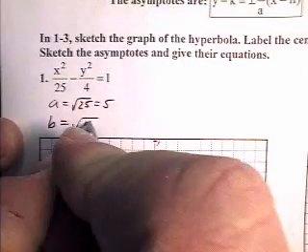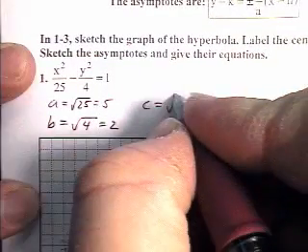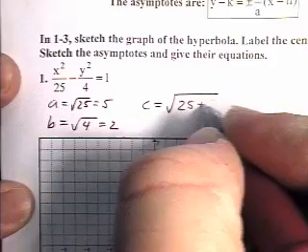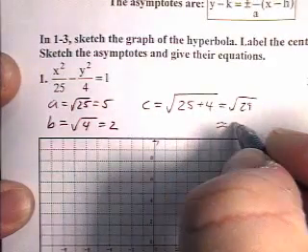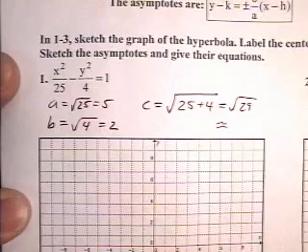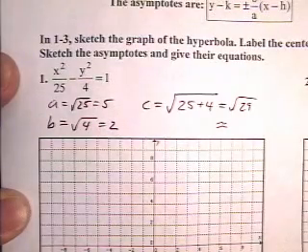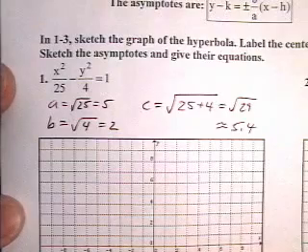B is the square root of 4, or 2. C is the square root of 25 plus 4, or the square root of 29, which is approximately 5.4. That'll be used to find the foci.